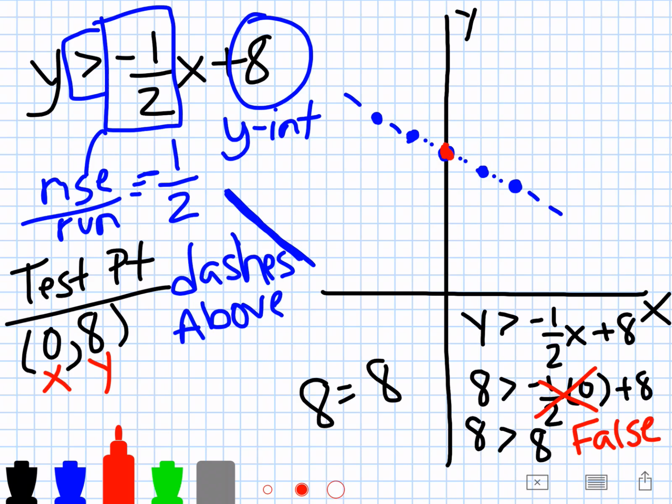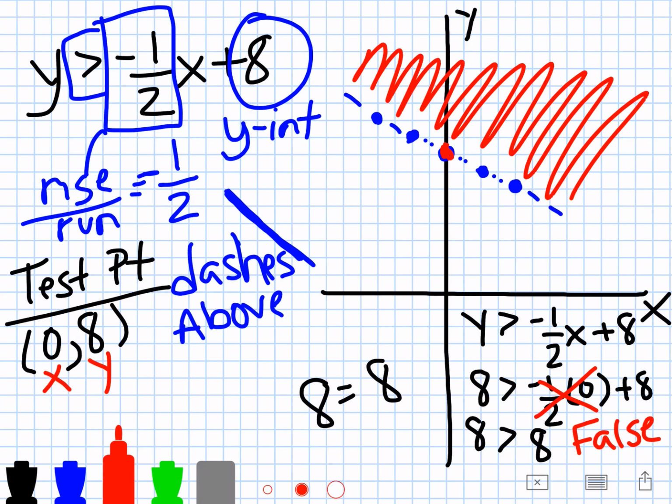And so our graph is correct because remember, if your test point lands on the graph line and the graph line is connected with dashed lines, that means that particular point is not included in the solution set. But since it's greater than, anything in this section right here can be included.